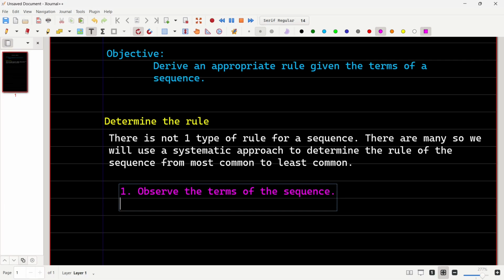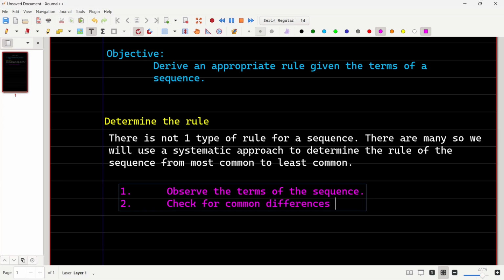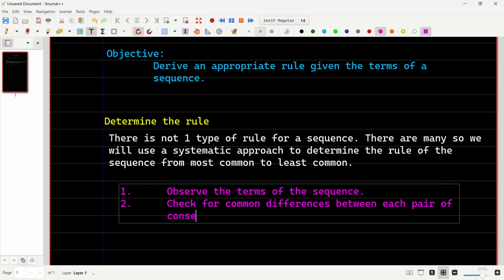All right. The second one that we will do is to check for common differences between each pair of consecutive terms.